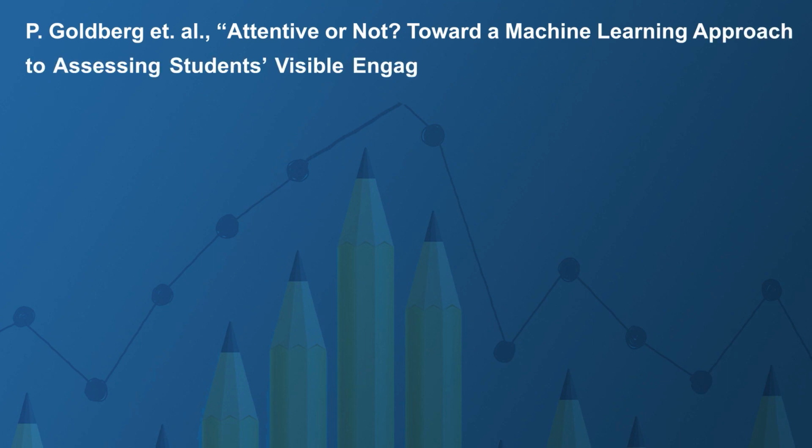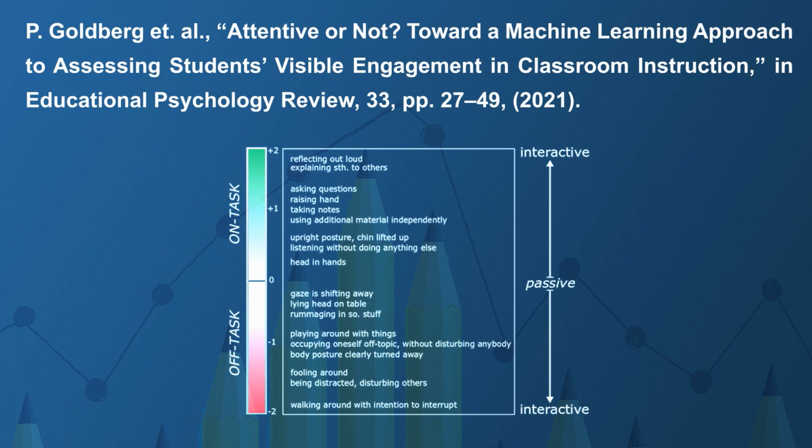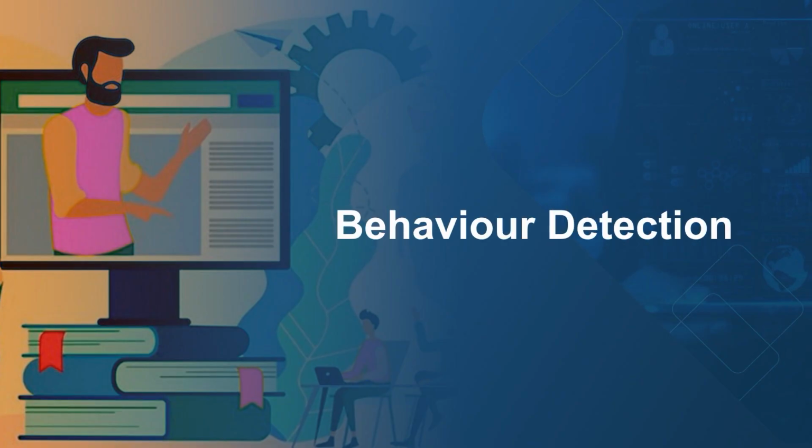P. Goldberg and others have reported machine vision approach for behavior detection that was based on gaze, head pose and facial expression of the students captured on camera. This table shows the exemplary behavior indicators used by them. Researchers have developed automatic behavior measurement systems to record the students' activities in classroom.